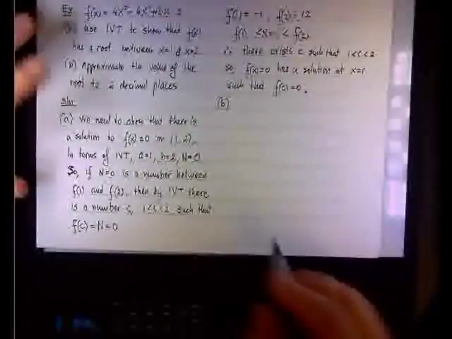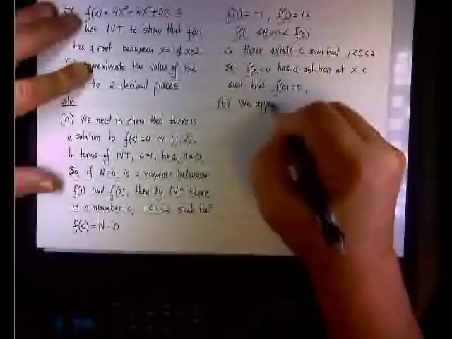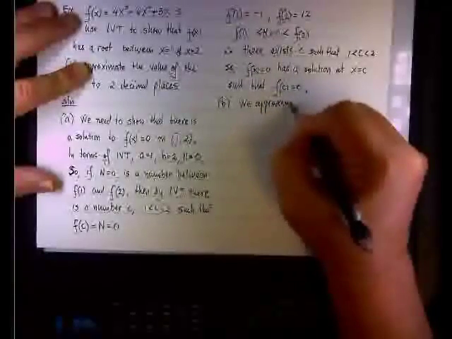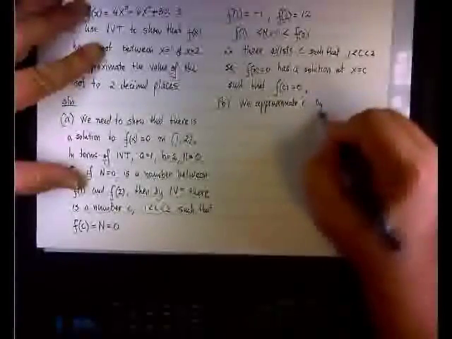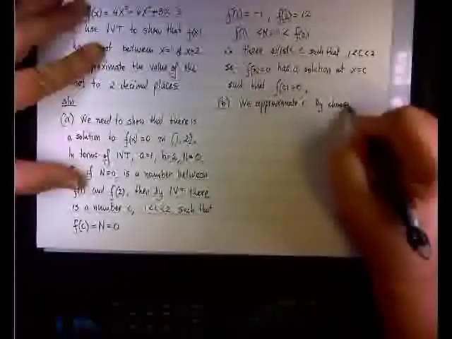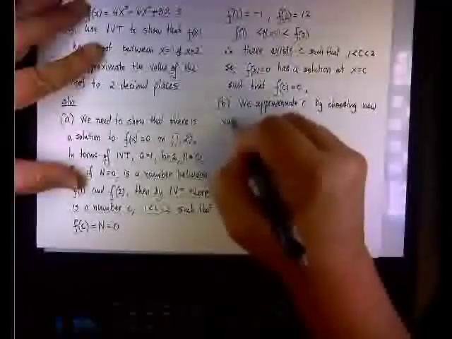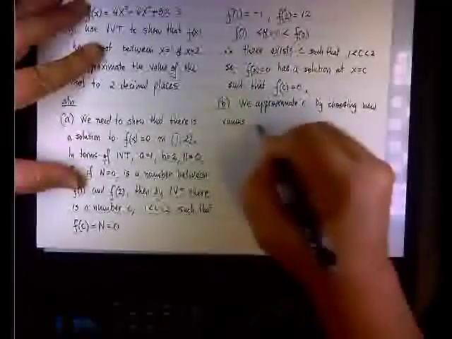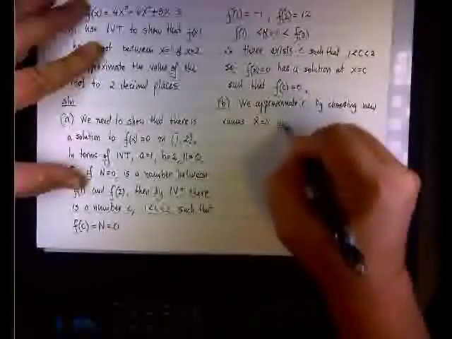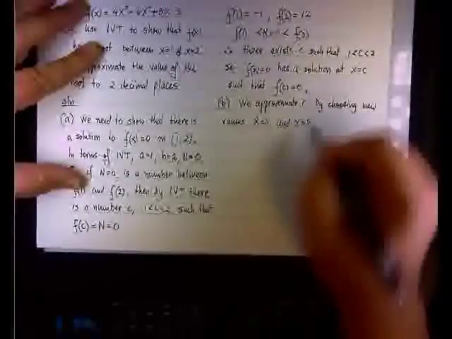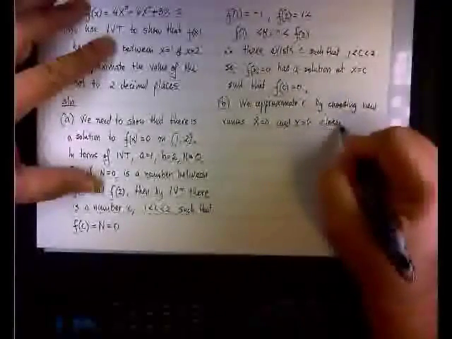Okay, so let's write. We approximate C by choosing new values x equal A and x equal B closer to each other.